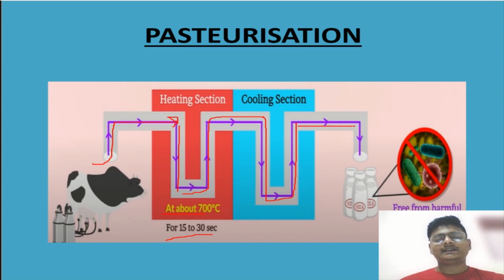It is then filled in the packets after cooling, because now it does not contain any harmful bacteria or microorganisms, so it is now very safe. Now it will not get spoiled.